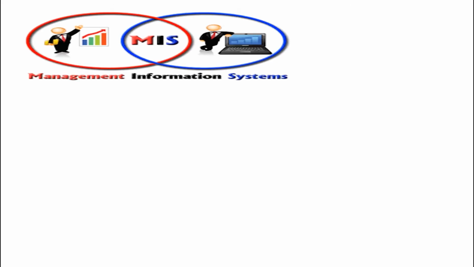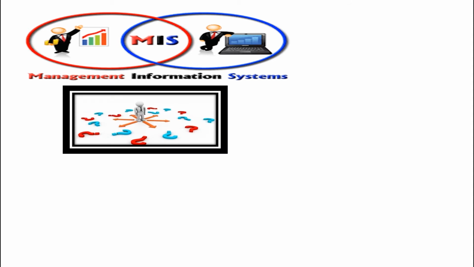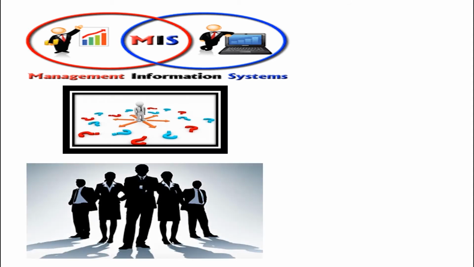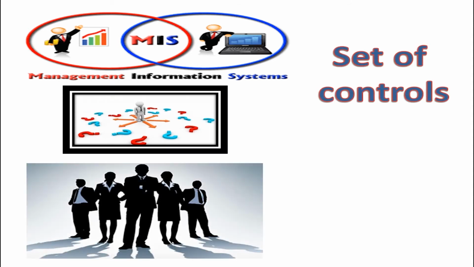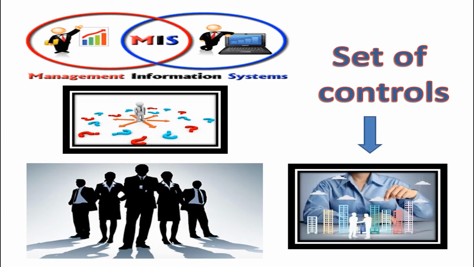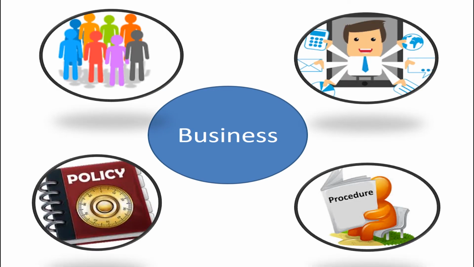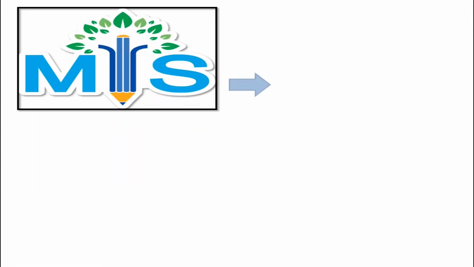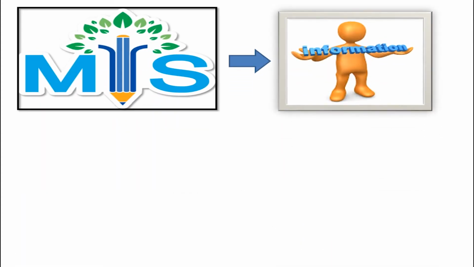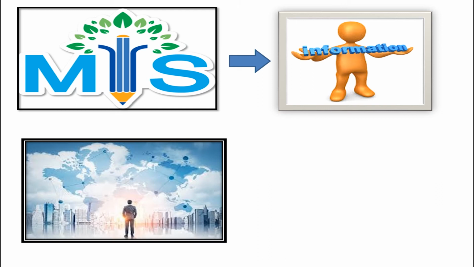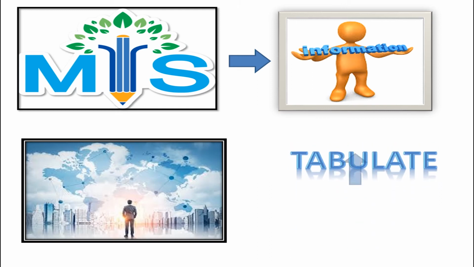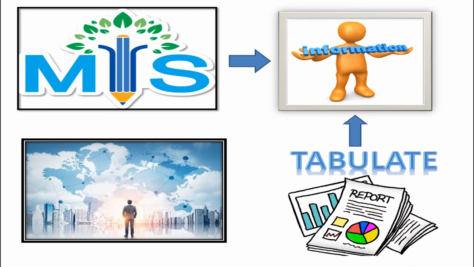The MIS, as already known, is a decision-making instrument used by top management, and comprises a set of controls. These controls cover the basic spheres of business, its people, technologies, policies, and procedures. The MIS gathers information on all the important realms of the business, tabulates the information, and provides meaningful reports.